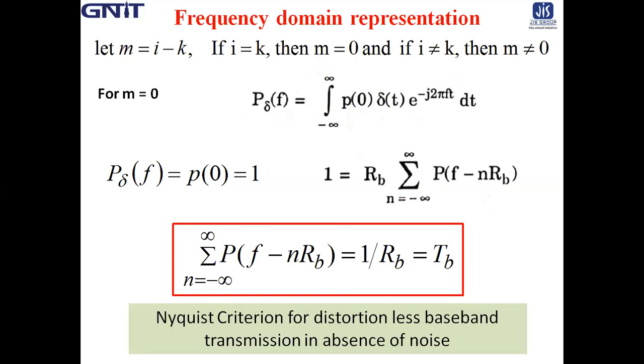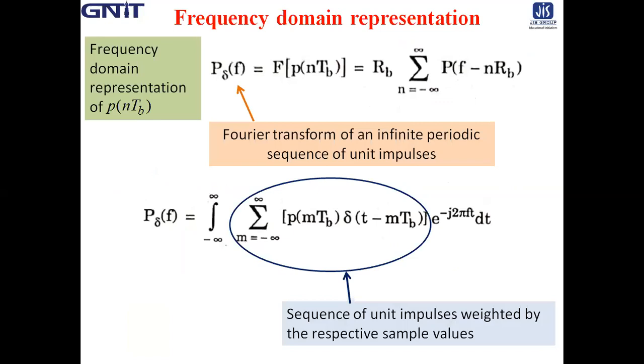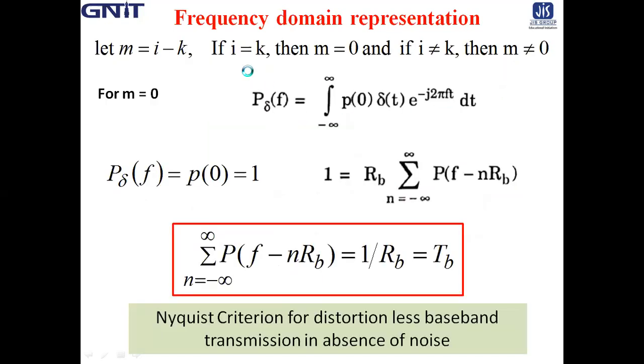Now, using the shifting property of the delta function, we have P_δ(f) is the same as p(0), which is equal to 1. Therefore, this Fourier transform, that is R_b into summation over n equal to minus infinity to plus infinity P(f − nR_b), is equal to 1 because P_δ(f) is 1.